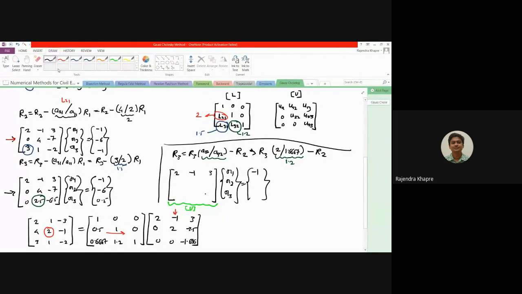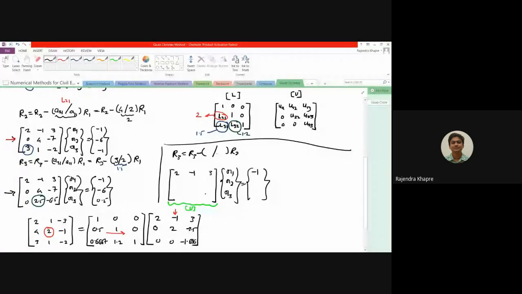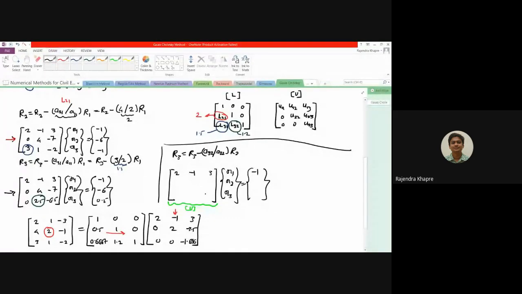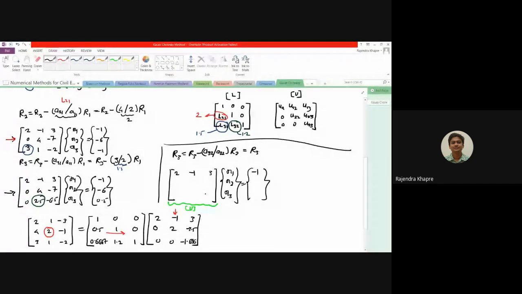Okay, so for this purpose we have to make some changes in the equation. Your R3 will be now some factor into R2, where this will be A22 and this will be A third row and second column. Right? So if you substitute the values, this will be R3 minus A32.